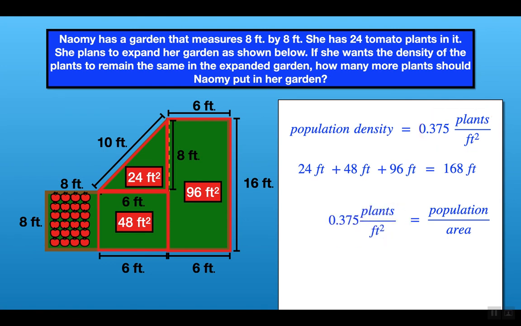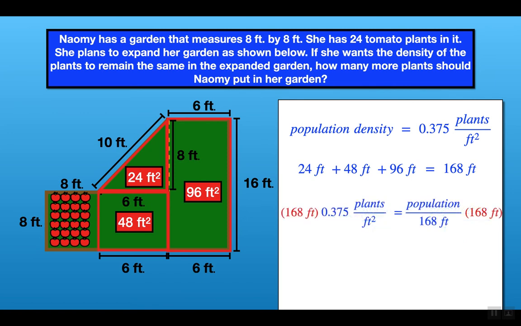Now, do we know the area? Yes, the area is 168 square feet. I accidentally left out the exponent. Let's substitute that for area. Again, this is just the area of the expanded part of the garden, the new part of the garden. So the bottom number is going to be 168. Now all we have to do is solve that equation for population. Let's multiply both sides of the equation by 168.